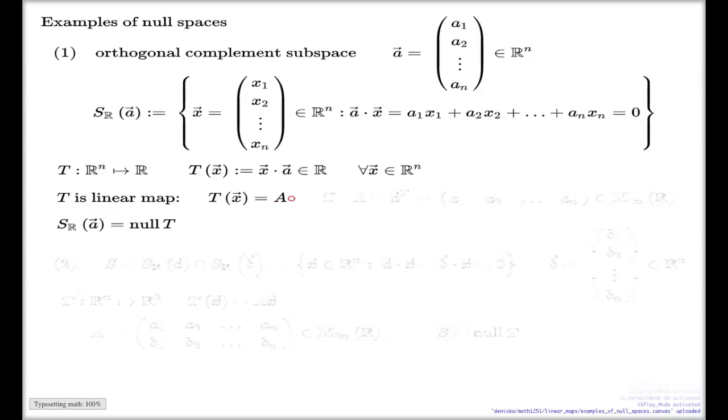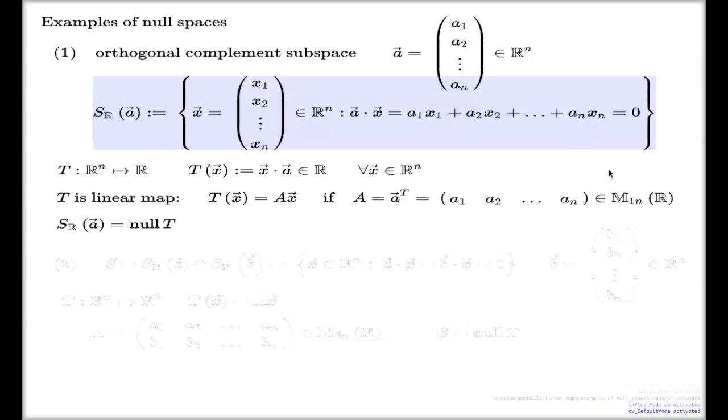I claim that my map can alternatively be seen as a matrix product, Ax, where the capital A matrix is simply my a vector transposed. So it's the matrix of one row and n columns, and it is filled with the components of the vector a.